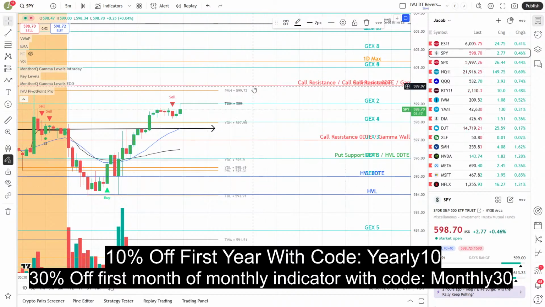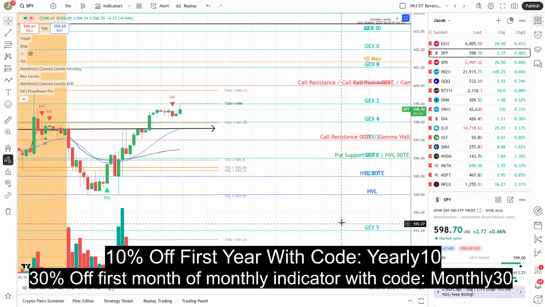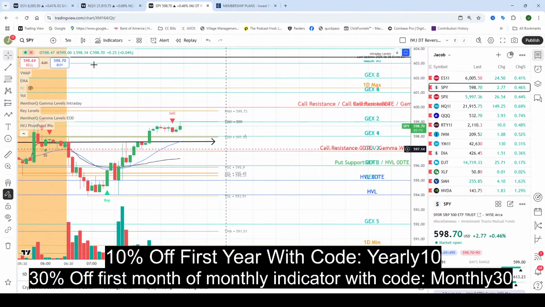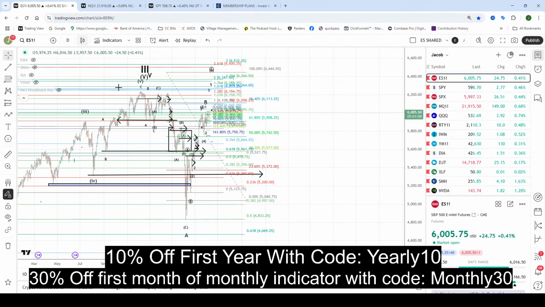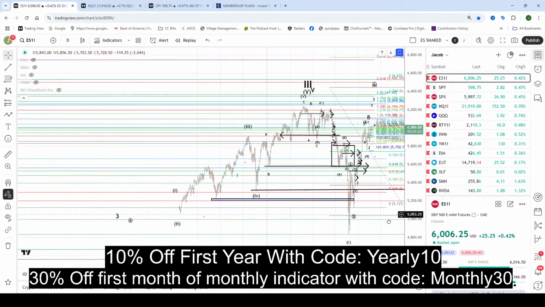And since we're done for the day here, let's go to the ES chart. Let's go back a few years.